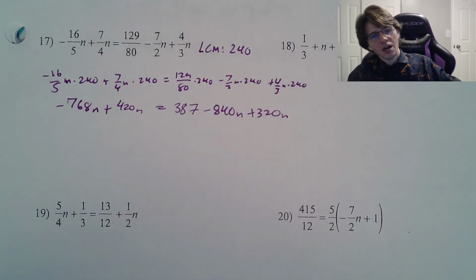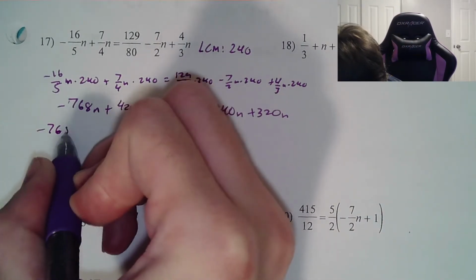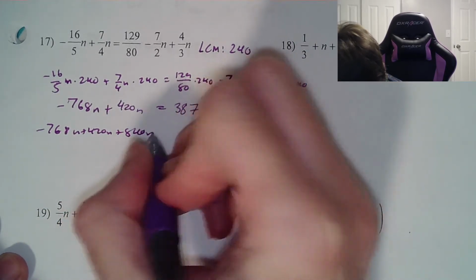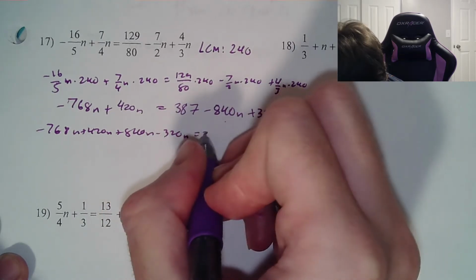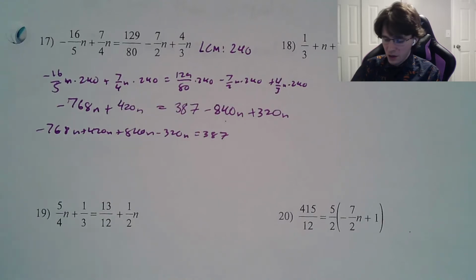Then we want to move everything over to the left that has an n, and anything that doesn't have an n off to the right. So a lot of copying: negative 768n plus 420n plus 840n, minus 320n equals 387. Use your calculator to add all of those up.